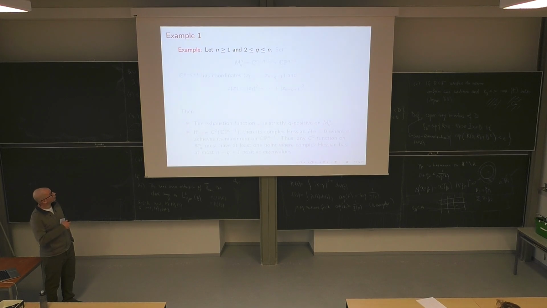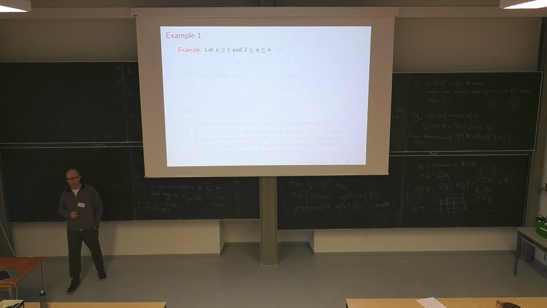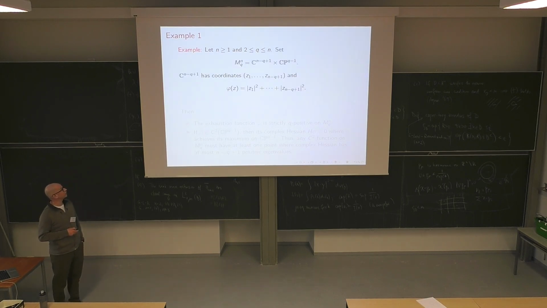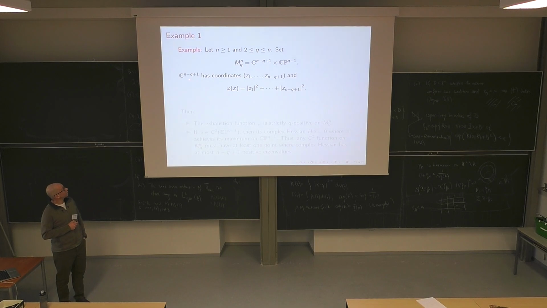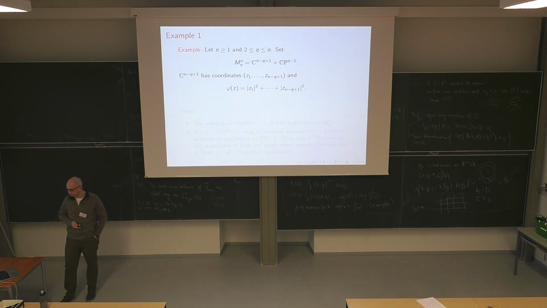I'm going to close with a couple of examples. So if n is at least 2 and q is between 2 and n, for such an example, we could take C^{n-q+1} cross CP^{q-1}. In C^{n-q+1}, we have coordinates z_1 to z_{n-q+1}, and we can take φ as you see.